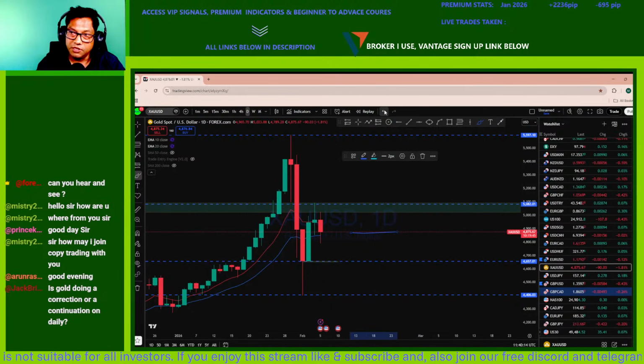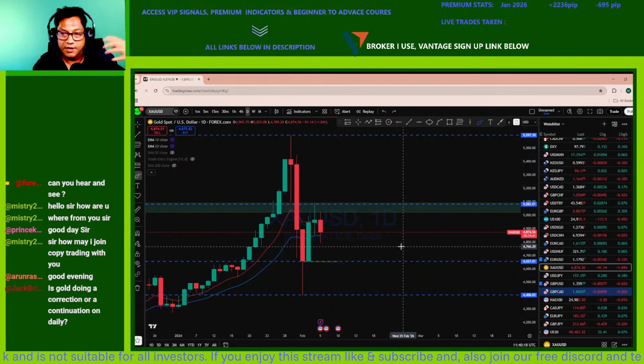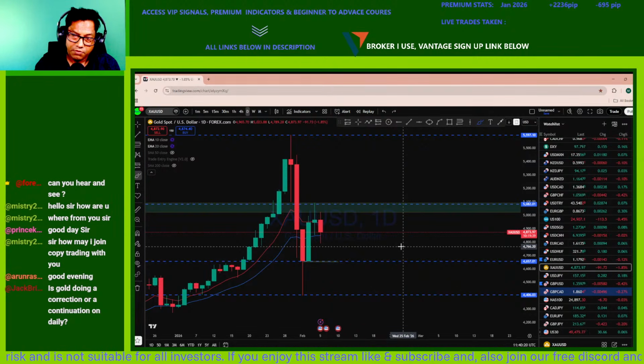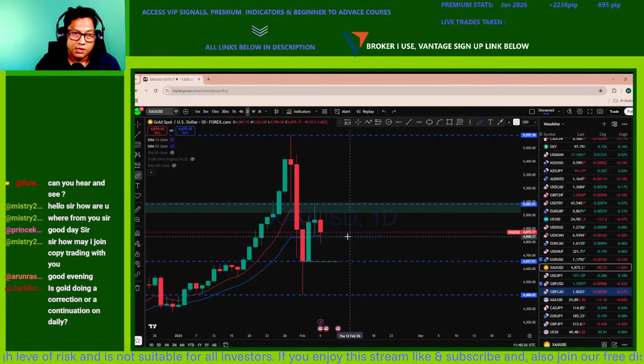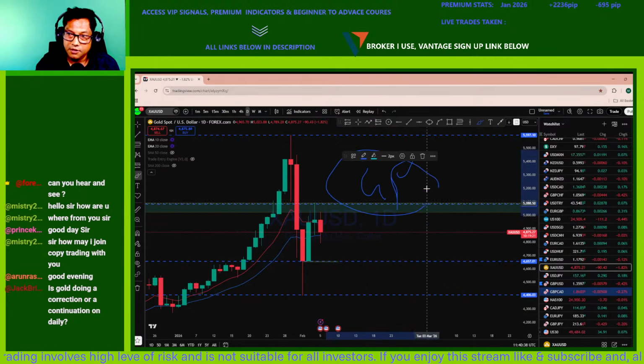Fundamental means interest rate decisions and basically data driven information, which is also significantly important for market movement. There's another factor that doesn't follow any market structure or fundamental, that is GP, right?